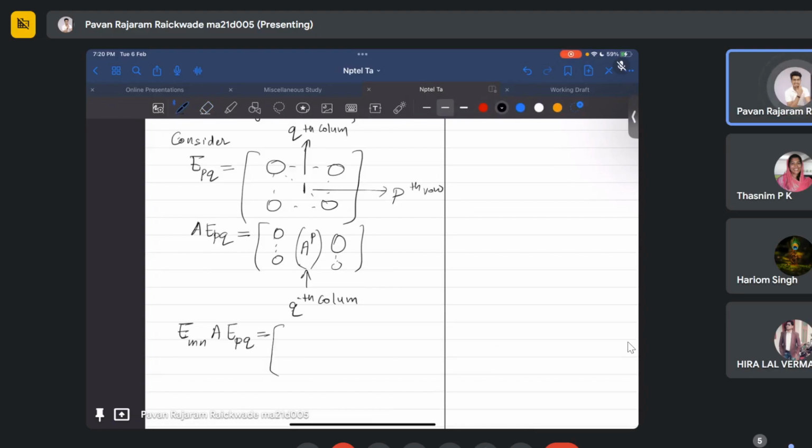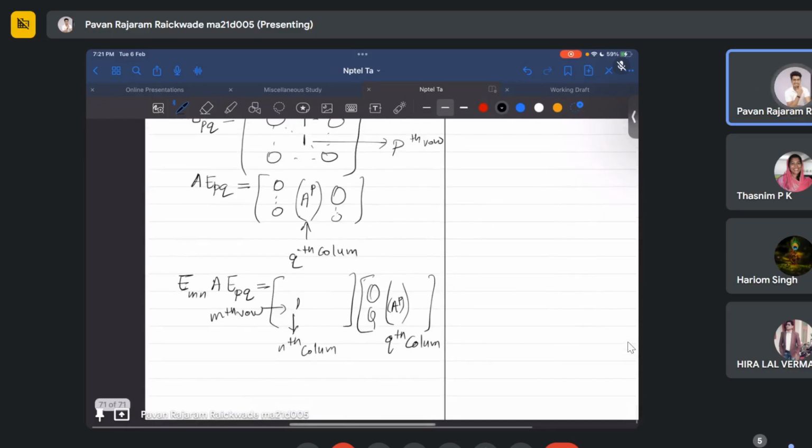So here you have a matrix with entry 1 in the mth row and nth column. Here you have another matrix which has 0 everywhere except the qth column, where you have A raised to P. Clear? What will be the multiplication? All the columns except the qth column are 0.